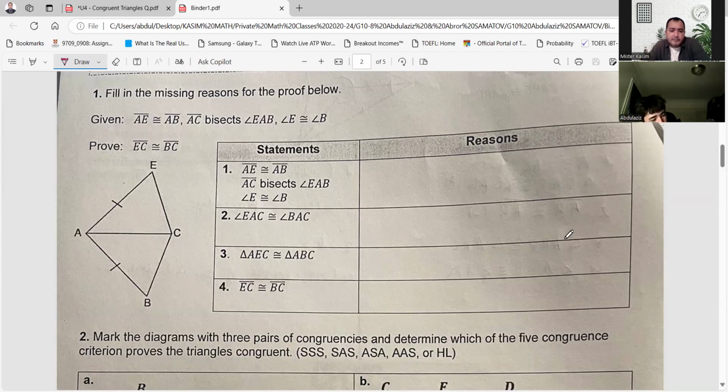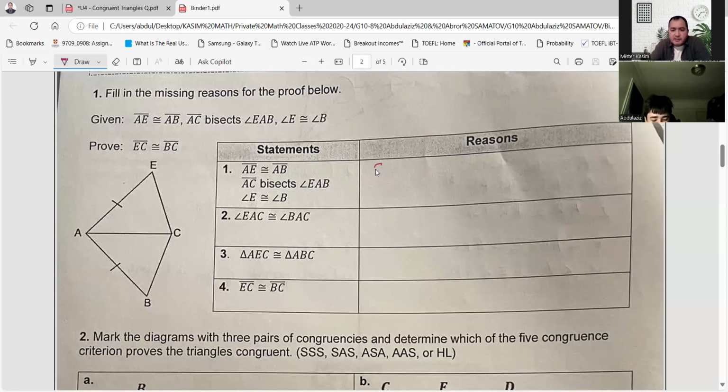Given: side AE is congruent to side AB, side AC bisects angle EAB, angle E is congruent to angle B. Prove: side EC is congruent to BC. So first, statements and reasons. The first ones are easier: AE congruent to AB is given, the bisects is given, and angle E congruent to angle B is also given.